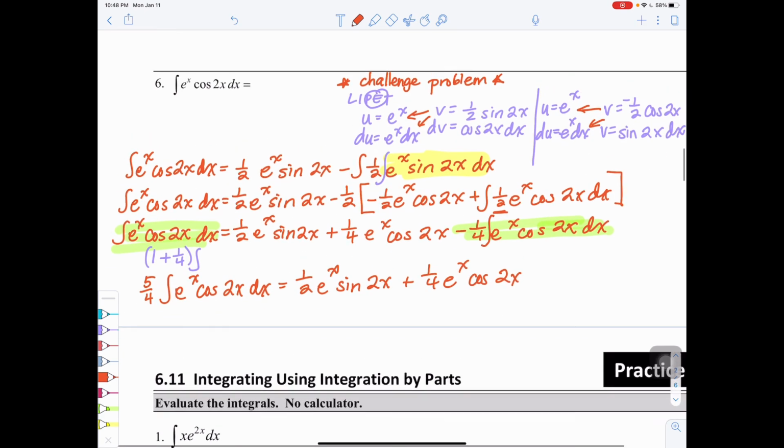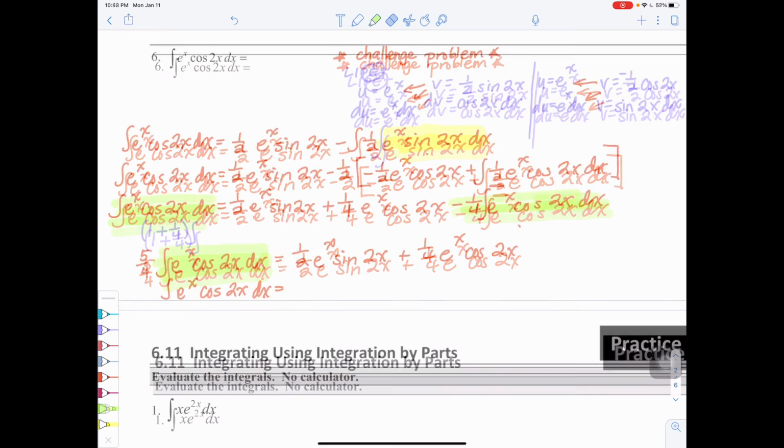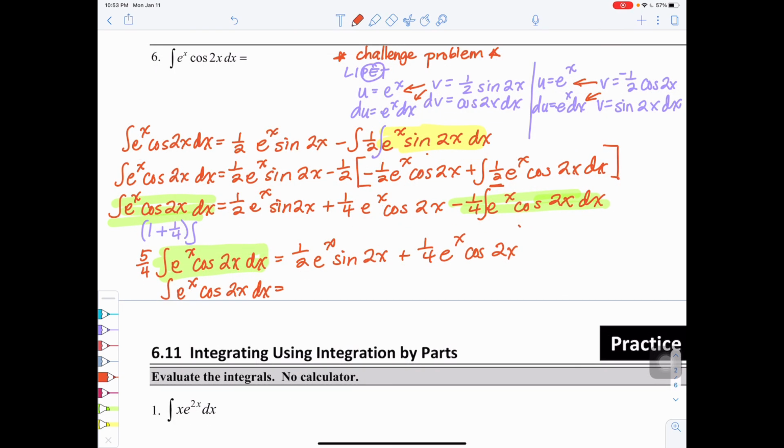Now, what they asked us to solve for was this integral. That was the original integral. So all we have to do is multiply the other side of the equation. So we will multiply both sides by 4/5. And that's how we can remove the 5/4.